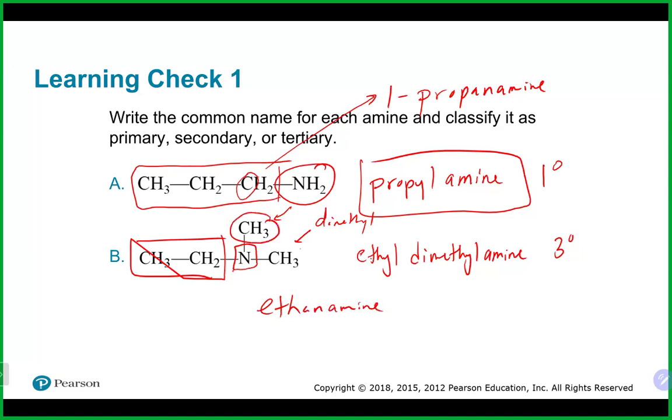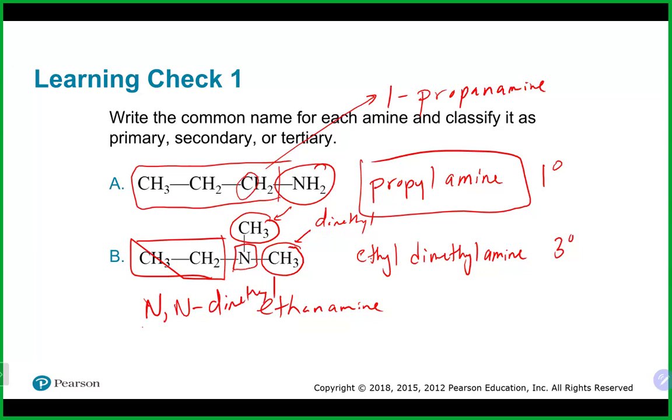Normally we would give the location of these groups with numbers if they're attached to carbons. But in this case, they're attached to nitrogen. So you may see people write N,N-dimethyl. The N,N means those groups are on the nitrogen. Just like if we had 2 groups on the same carbon, we'd give the number twice, that's what the 2 N's are there for.